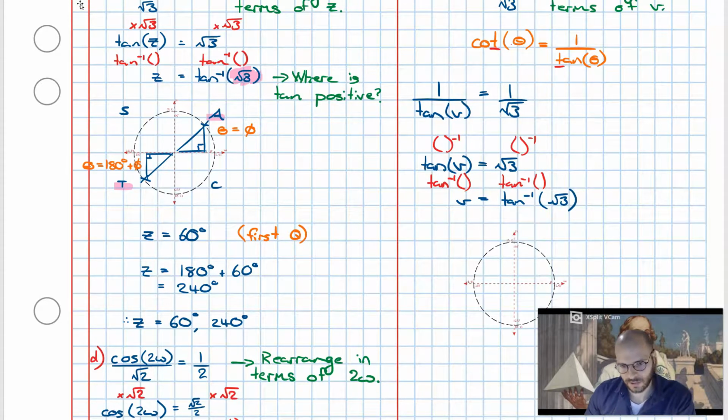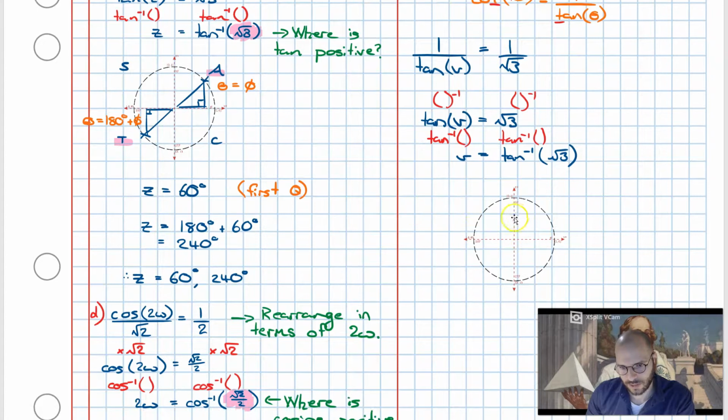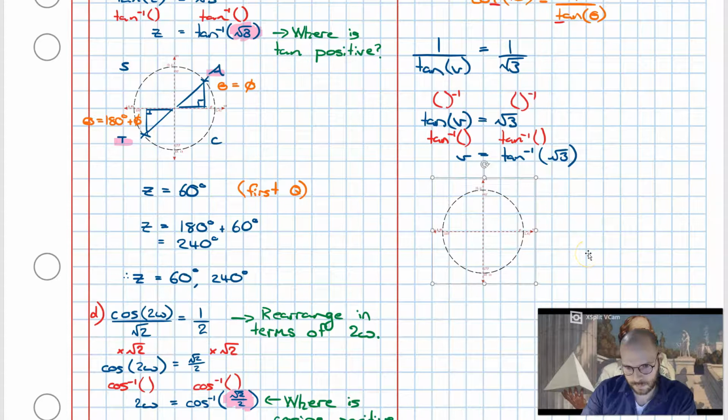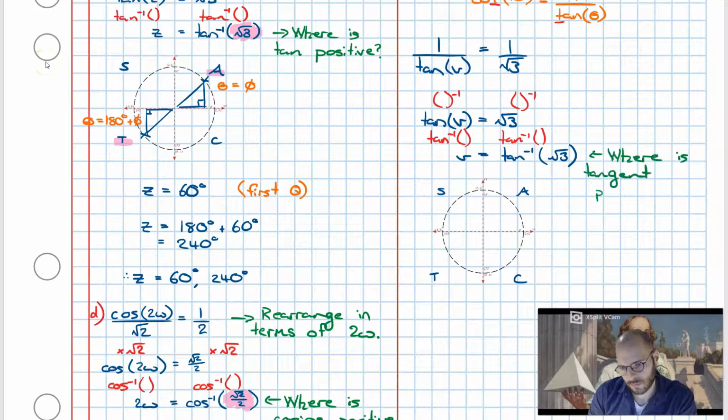And now we're ready to use our unit circle to identify where tangent is positive. So we know that all stations to central, and I should write where is tan positive. And we know it's going to be positive in quadrant 1 and quadrant 3.